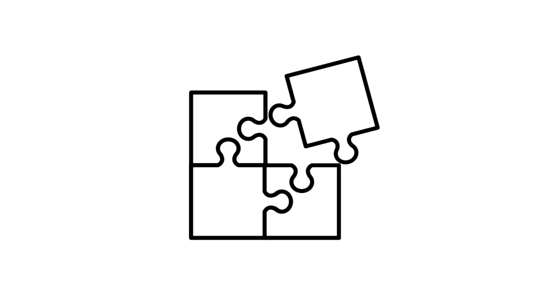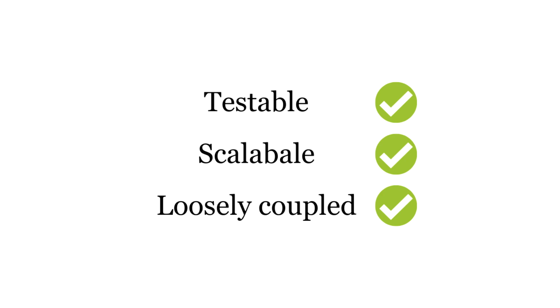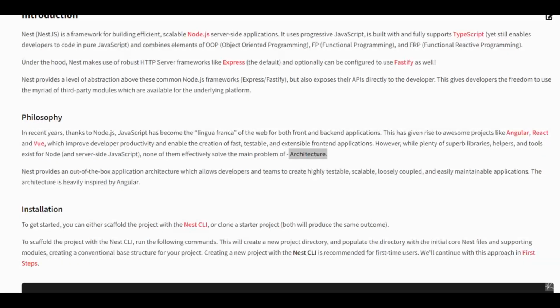It actually works using modules, which is going to help you have a testable code, scalable, loosely coupled, so the modules would be separate. The code won't be tightly coupled, which is going to be helpful whenever it comes to maintaining your application. So NestJS is here to solve that specific problem, as it forces you to follow a specific architecture.